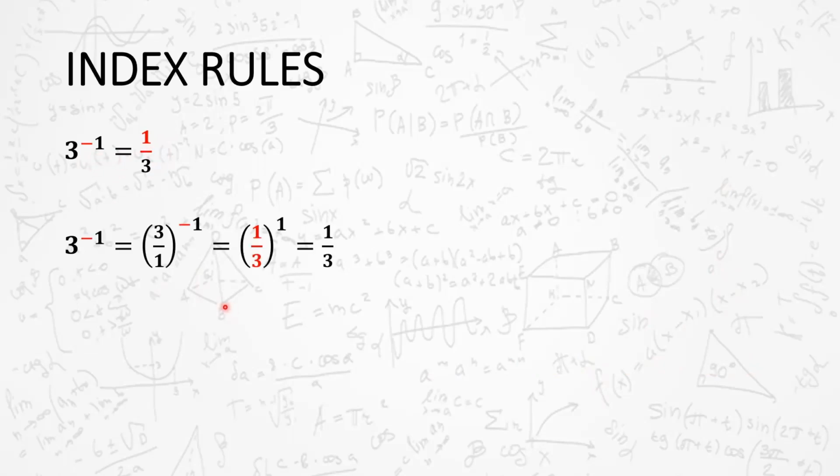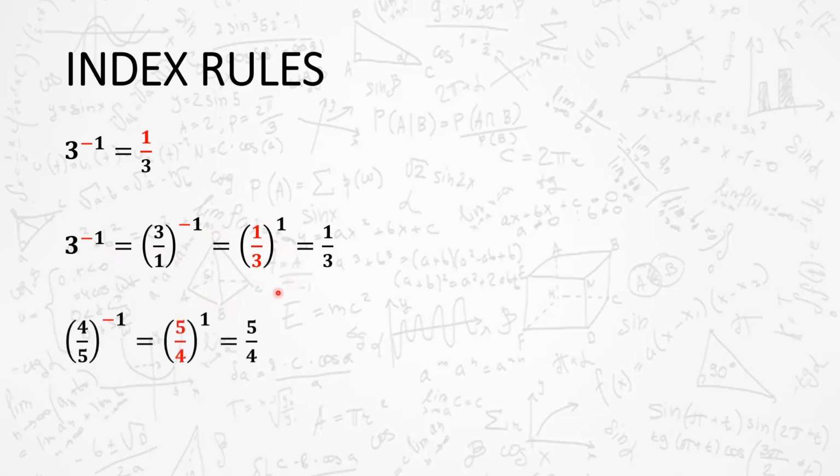If you want to use the flipping method, 3 is equivalent to 3 over 1. 3 to the power minus 1 equals (3 over 1) to the power minus 1. Then the negative sign indicates a flipping or the reciprocal. So 3 over 1 becomes 1 over 3, then the negative sign has done its job. 1 over 3 to the power 1 is itself, equals 1 over 3.